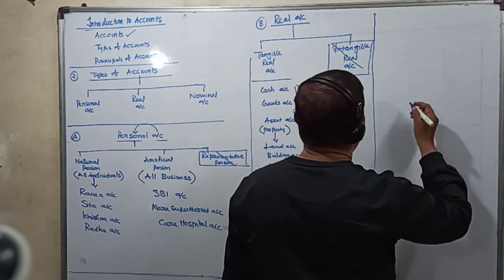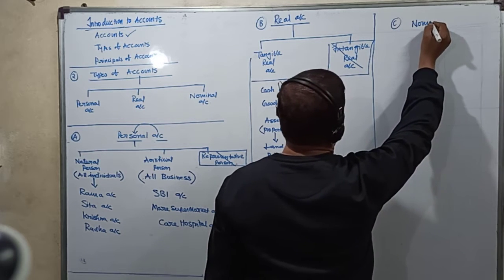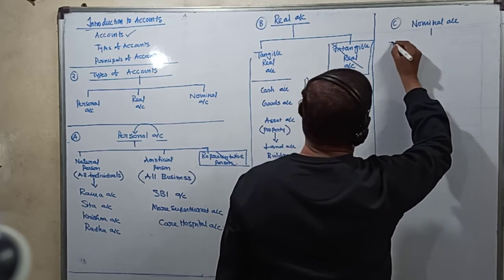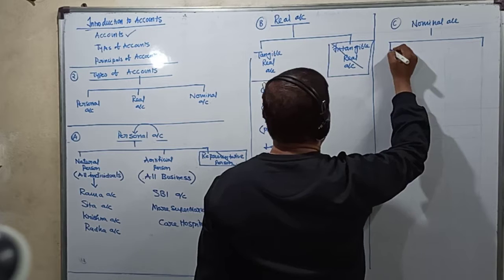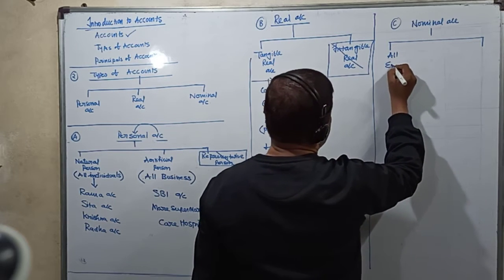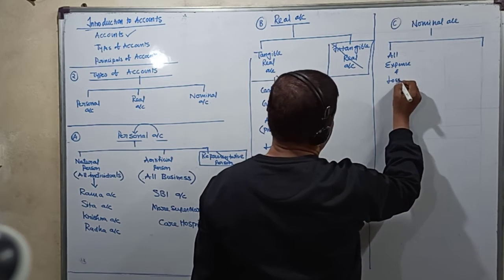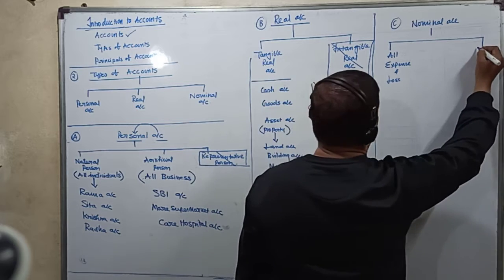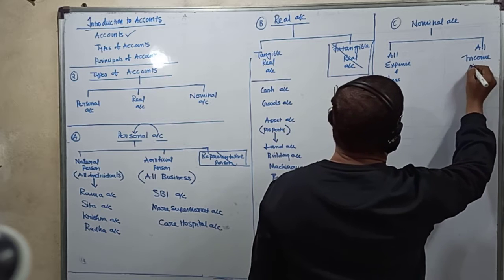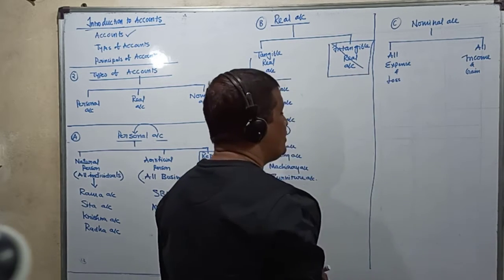And finally, we come to the third type, that is nominal account. If an account is representing all expenses and losses and all income and gains, such accounts are called as nominal accounts.